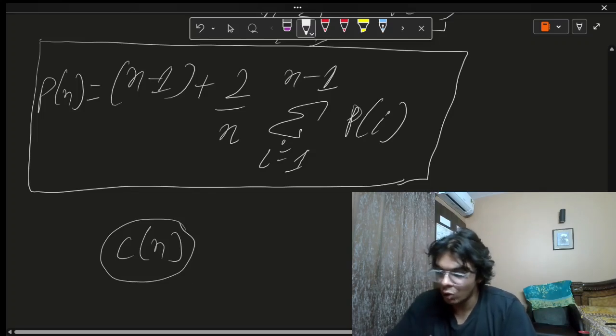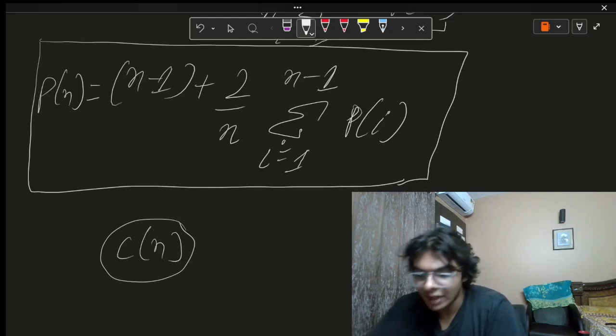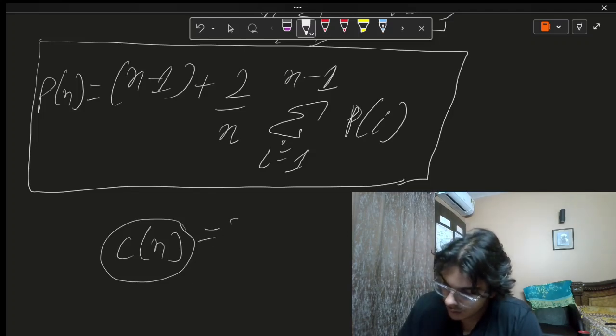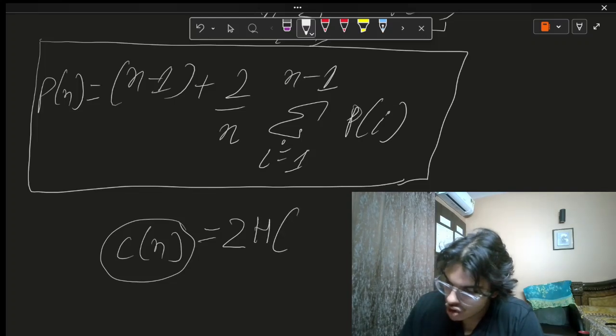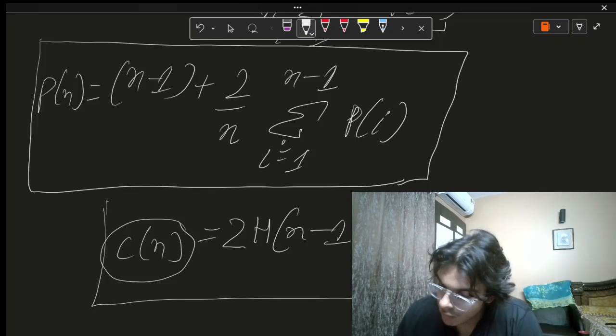So when we solve it end to end, when we complete the calculation, what we get for Cn is 2H(n minus 1) minus 2(n minus 1) upon n. This is the value of Cn that we get. And remember, what is Cn?